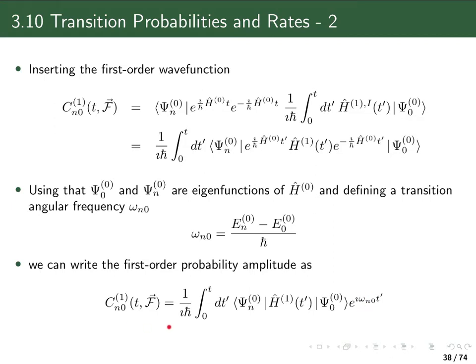I end up with this expression, where I just have an integral over time here. Here is the exponential. And then I have a more or less normal integral from the ground state to an excited state n with our normal Schrödinger picture perturbation Hamiltonian, which however is time-dependent.